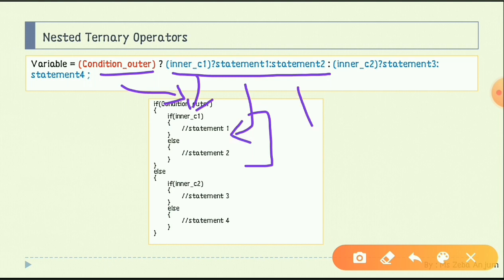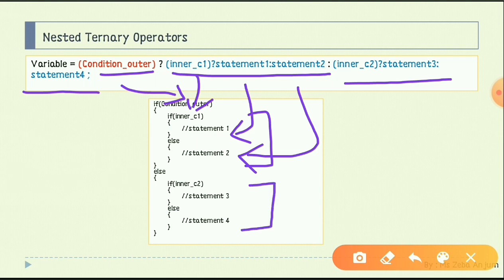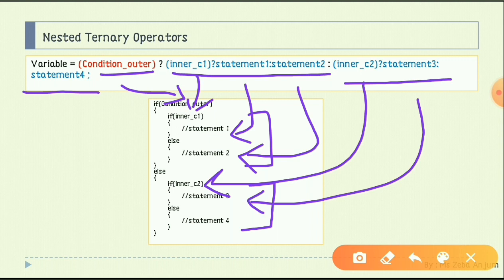Statement 2 is for false, so it will be coming in your else block. The second expression is for else. So in else again we are going to write the if else condition. For the else portion we are having inner c2 as the expression. Statement 3 is the expression for true and statement number 4 is for your false. So basically this is how we convert our nested ternary operator into your nested if else condition.